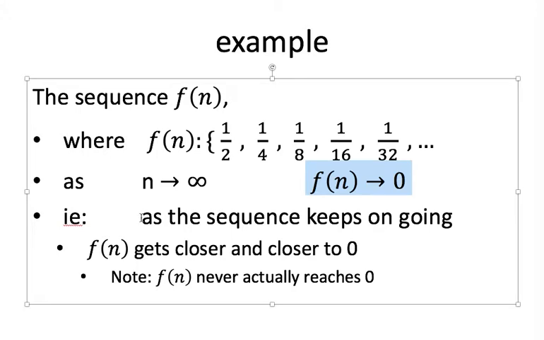Another way of putting this, as the sequence keeps on going, our f of n is getting closer and closer to 0, or as n goes towards infinity, f of n goes towards 0. Now we should note here that although f of n is getting close to 0, f of n actually never reaches 0.